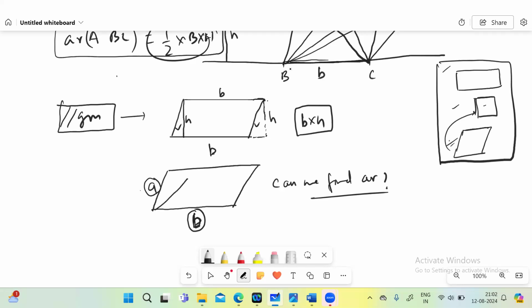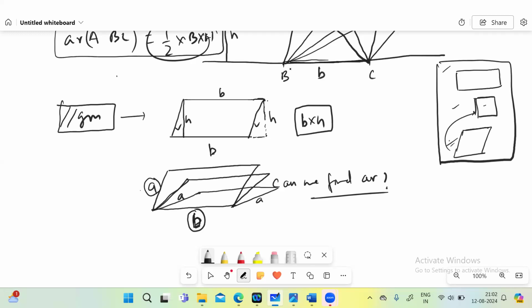Let's say I have drawn a different parallelogram which has the same length, like this length is also A. Or you can draw another parallelogram of the same length. So all these parallelograms have two sides of A and B only.